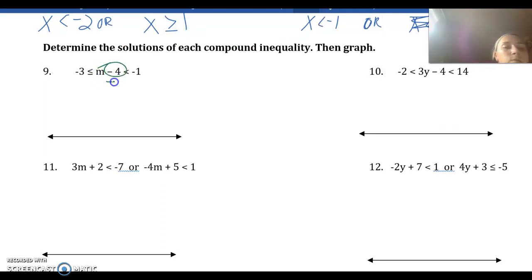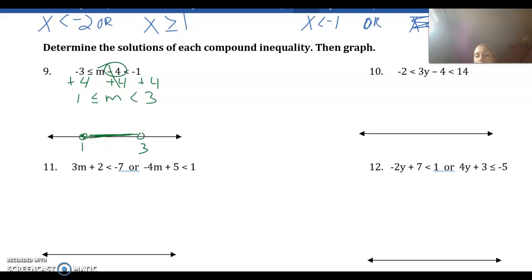So we're going to add 4 to both sides. The 4's here cancel. -3 plus 4 is +1. And then -1 plus 4 is 3. So here by the 1 we have a closed circle because it's greater than or equal to 1. And then over here we have an open circle because it is less than 3. And then we're going to connect those two.